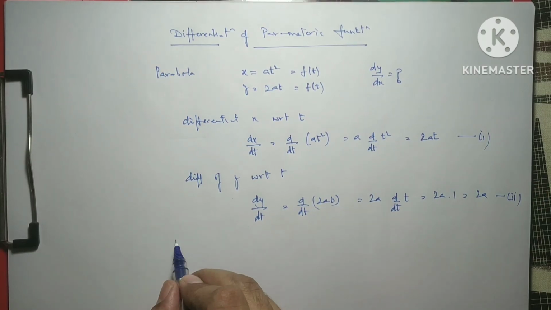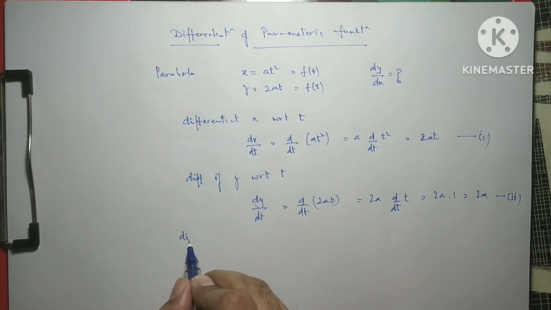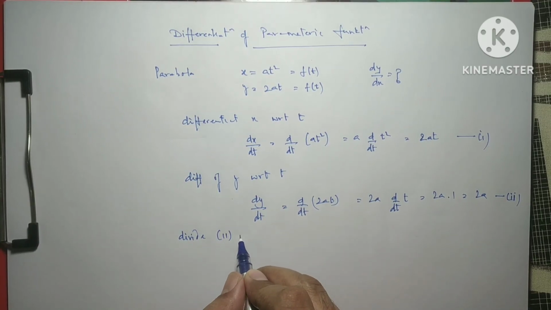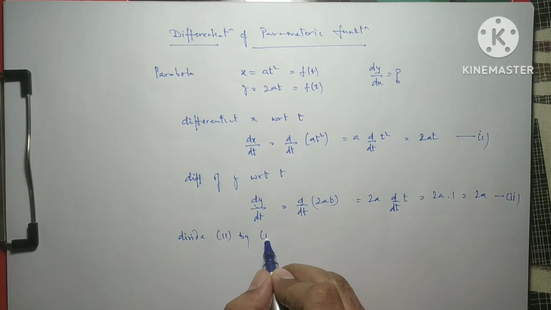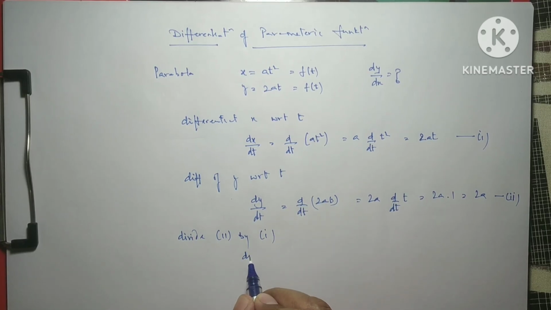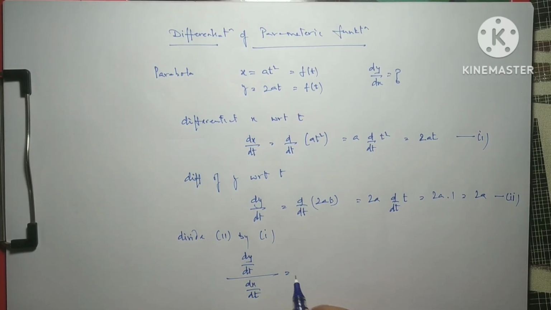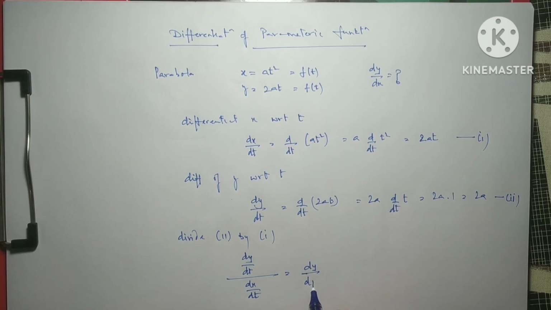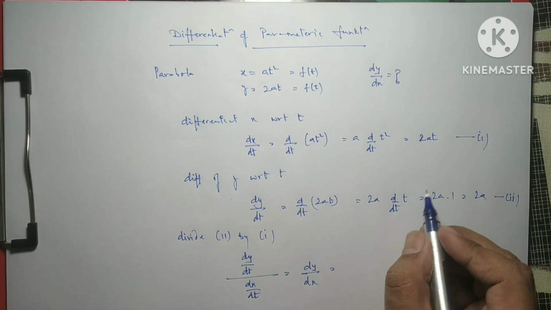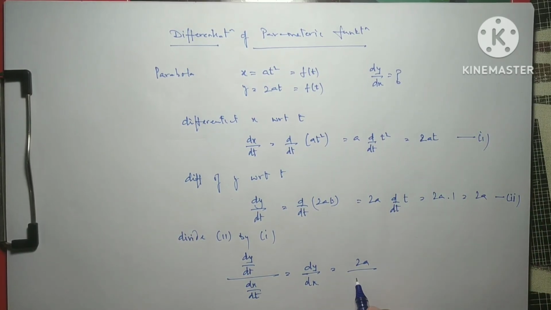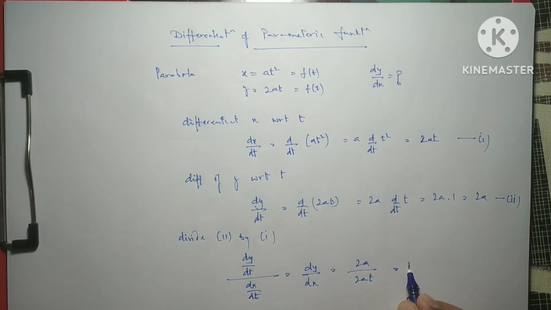So divide the second equation by the first: dy by dt divided by dx by dt. So dt cancels dt, and again you get dy over dx. The value of this is 2a, and the value of dx by dt is 2at. So you get 1 over t.